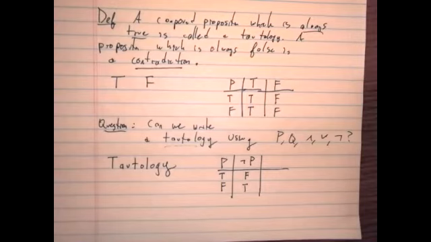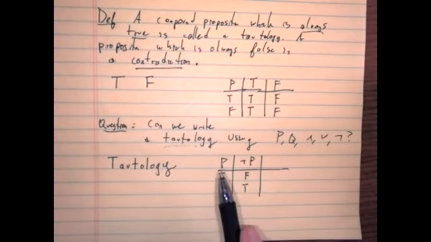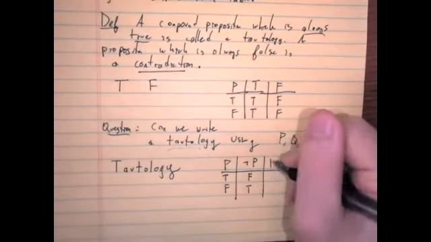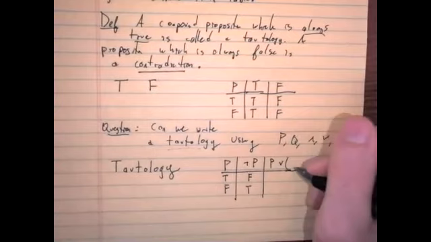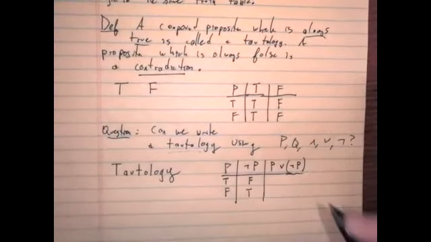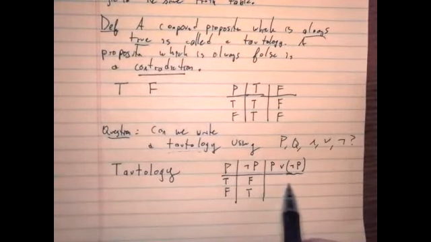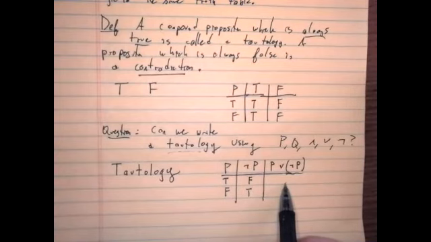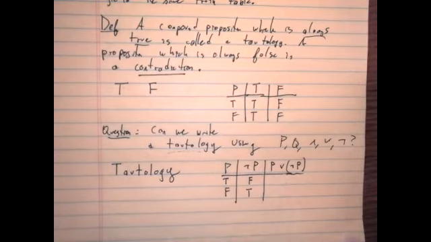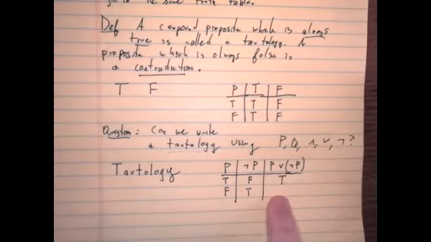And now let's remember that there is a compound proposition which is true when at least one of the two constituent pieces is true, right? If I do P or not P, let's consider, is it going to be true here? Yep. And is it going to be true here?